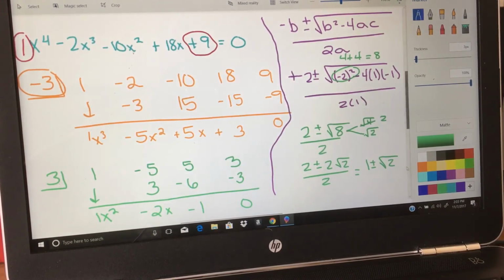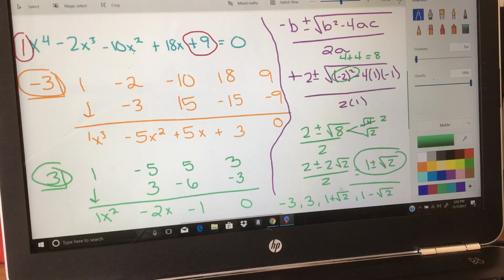Okay, so we found our zeros. We have negative 3, positive 3, and then 1 plus or minus radical 2. So we would enter that as negative 3, comma, 3, comma, 1 plus radical 2, comma, 1 minus radical 2. And we found the zeros of the function.